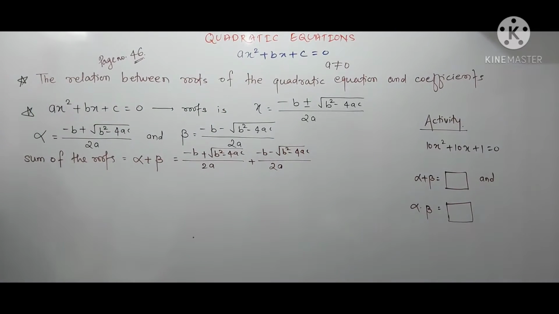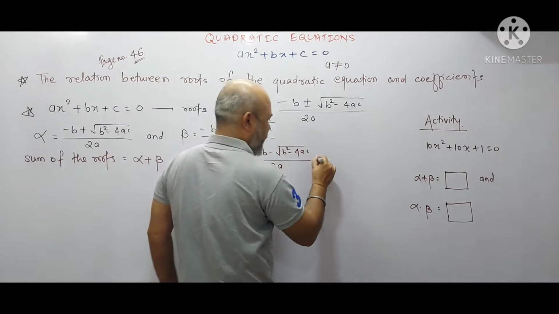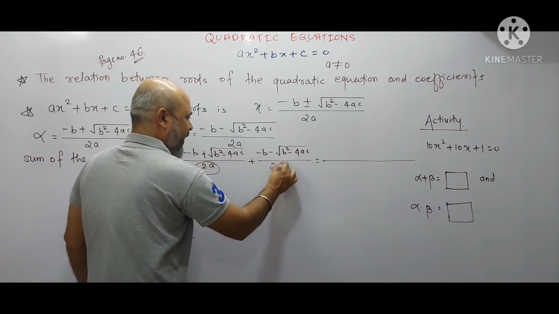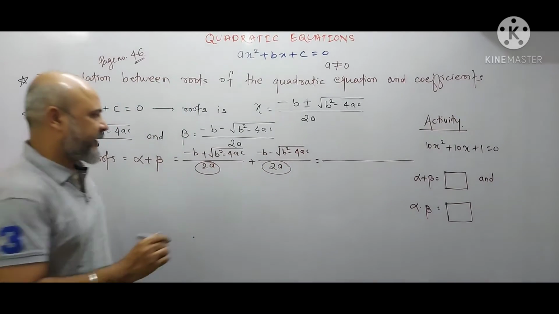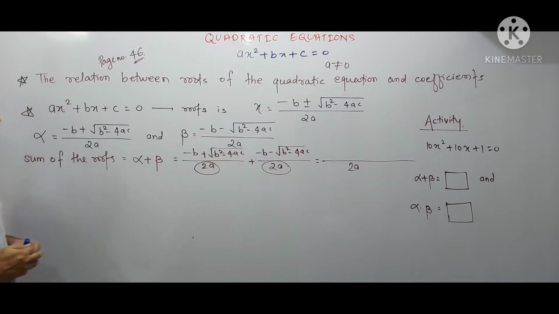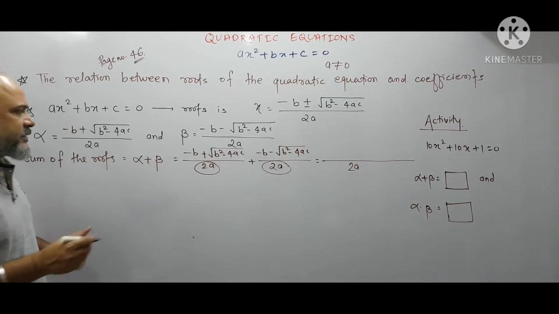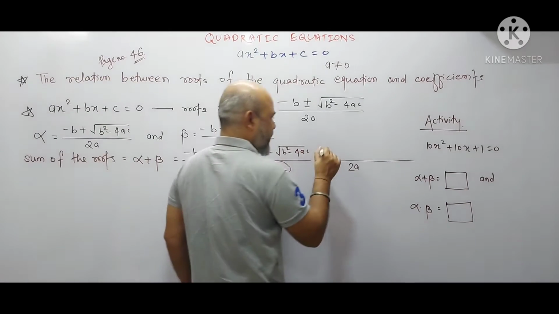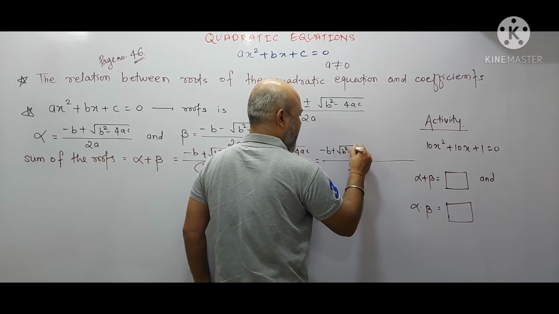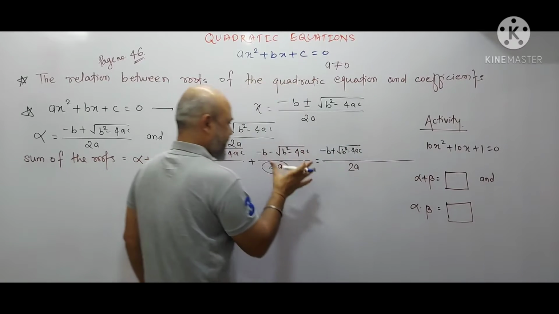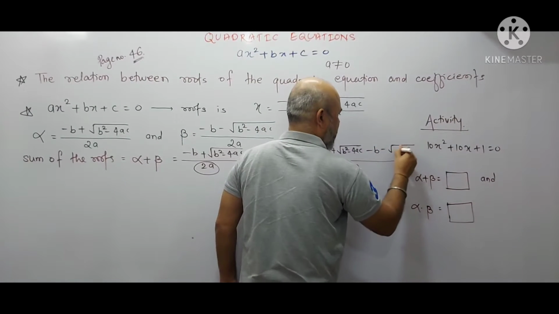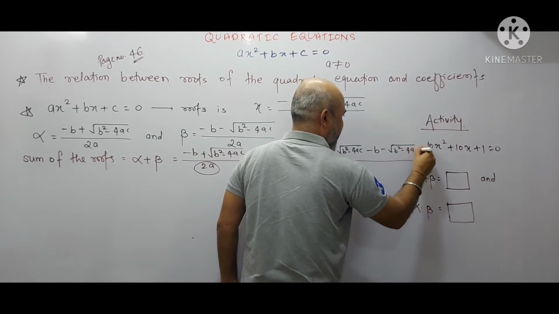Okay, and this is equal to, the denominator of both the fractions is the same, so we will take 2a as common. And what will be in the numerator? (−b + √(b² − 4ac)) plus the second one (−b − √(b² − 4ac)).